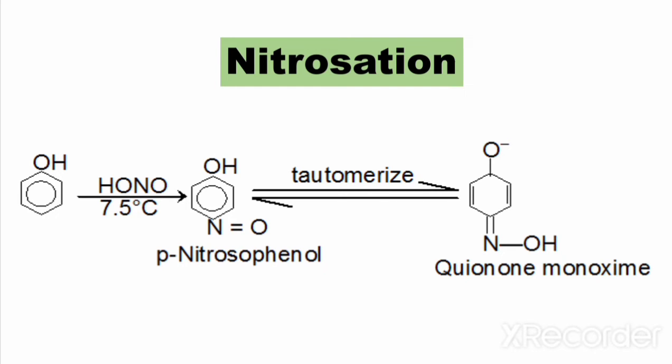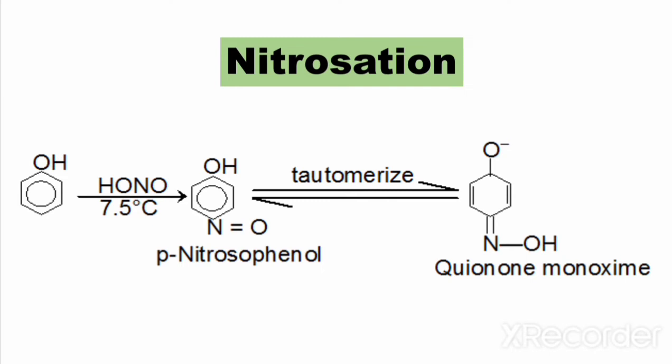Basically, the nitrogen forms a double bond with the oxygen atom, and this is known as nitrosophenol. After tautomerization of the nitrosophenol, it forms a quinone monoxime.